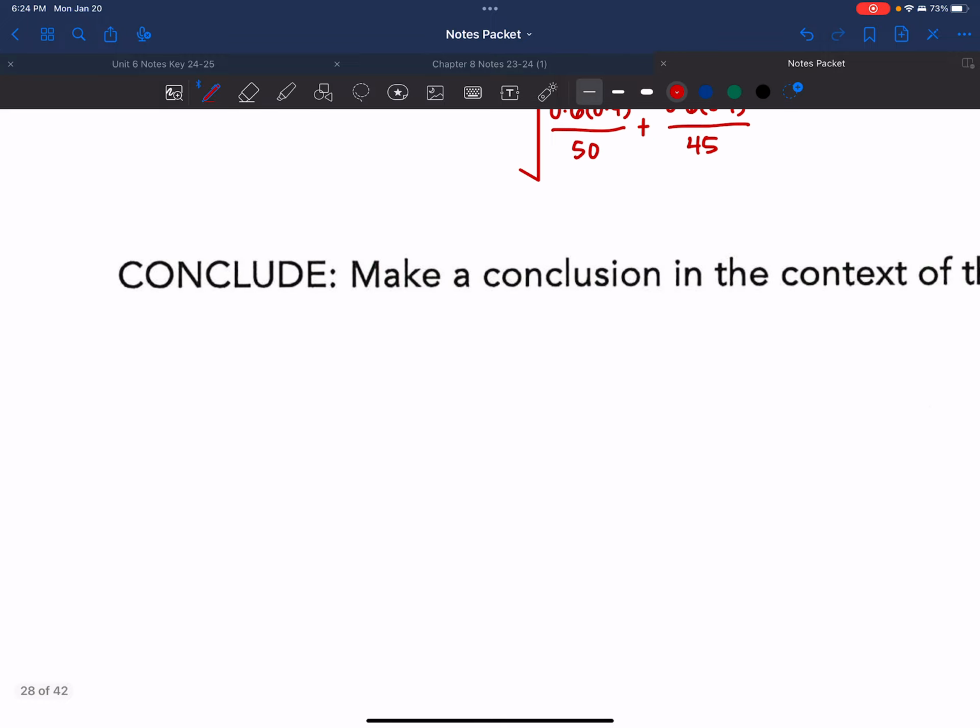So, in my conclusion, remember I need to interpret my p-value and then make a decision and conclusion. Remember, we always assume the null is true until proven otherwise.